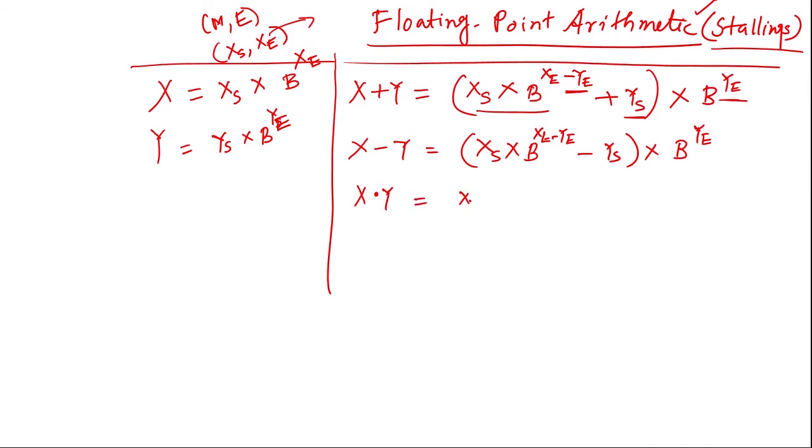We multiply s_x into s_y and we add the exponents, as we know from earlier. For x by y, we divide s_x by s_y and subtract the exponents.